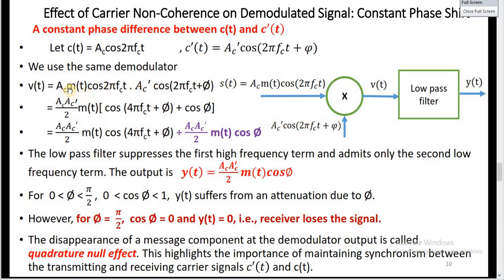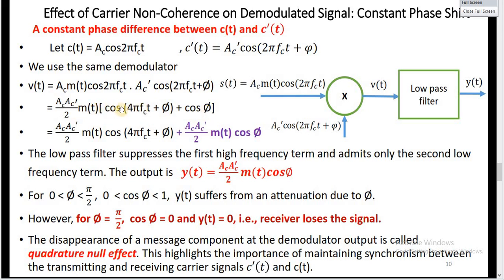So we have AC prime m of t. Again, we have cosine times cosine, and that is cosine of the sum plus cosine of the difference of the two angles. So the sum is 4 pi fct plus phi, and the difference is just cosine phi.